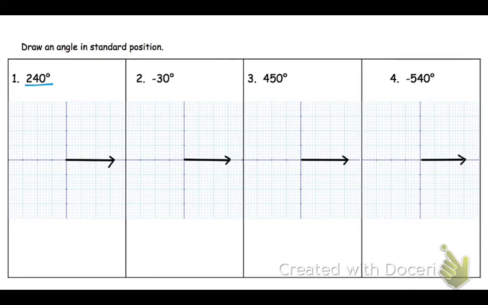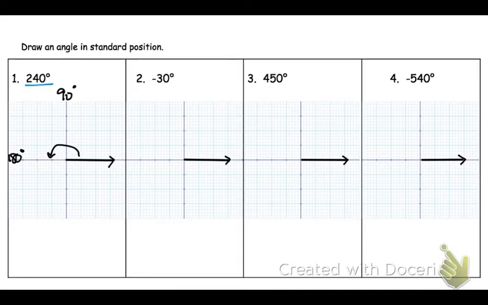Something we didn't necessarily touch on before that I'd like to do now is just a reminder. If I rotate from the positive x-axis to the positive y-axis, that is 90 degrees. If I rotate starting from the positive x-axis and going to the negative x-axis, that would be 180 degrees.